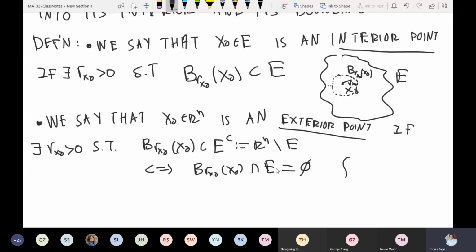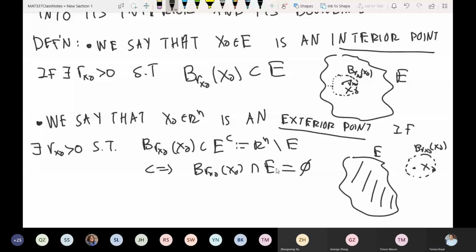So again, let me draw a picture. This is E, and this is x naught, and you can find the ball fully outside the set. So this is E, and then this is E complement.